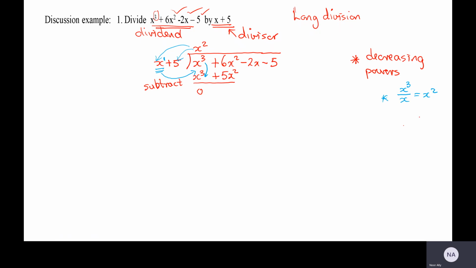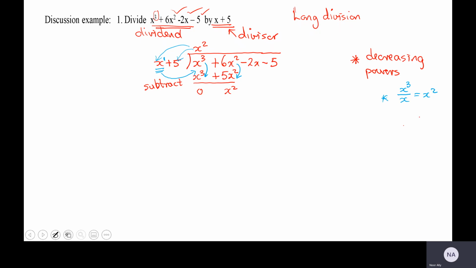So I said x cubed minus x cubed gives you 0. 6x squared minus 5x squared. Now do be careful, because in some cases you will be subtracting a minus times a minus. Watch the sign changes. So this is straightforward. 6x squared minus 5x squared gives you x squared.